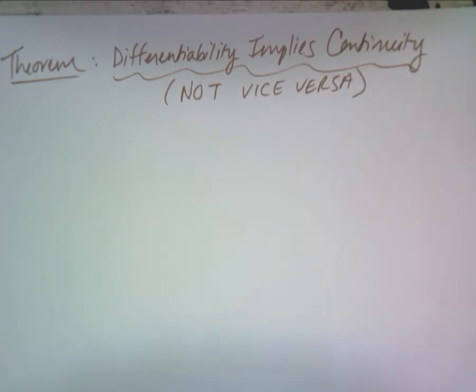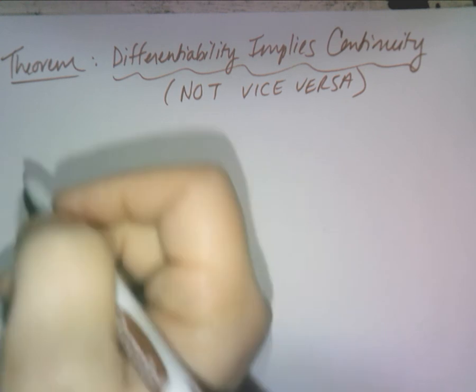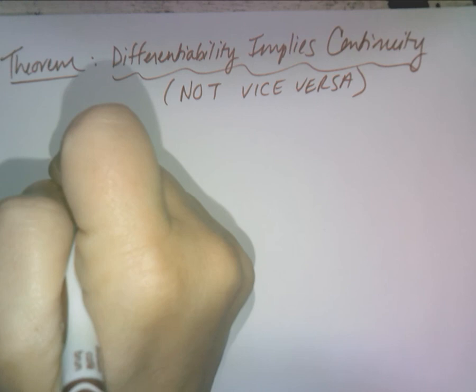If you can take a derivative at a point, then you are continuous at that point, but not the other way around. Just because a function is continuous does not mean it has a derivative at that point. And I'm going to give you an example in a moment of that. But here's what the definition says.